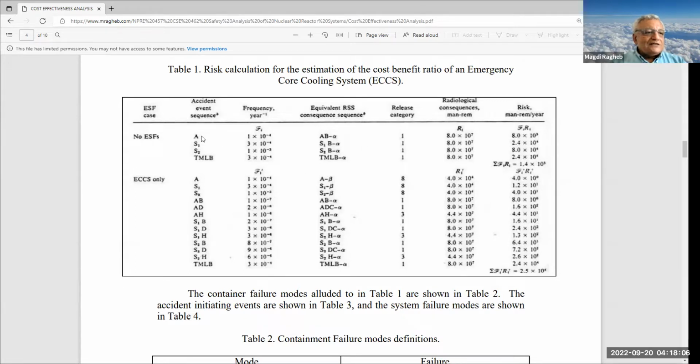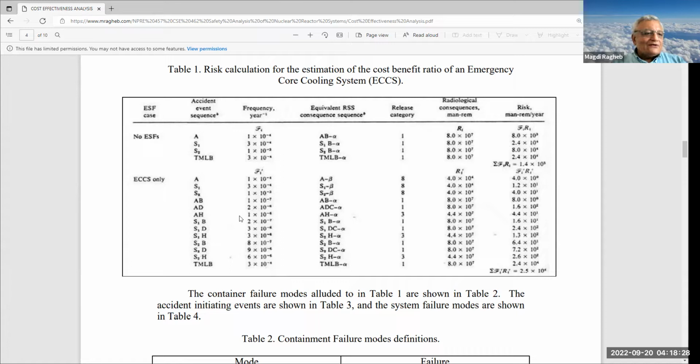And initially, the risk from those accidents from the radiological consequence, which is man-REM, the number of people affected multiplied by the dose of radiation that can cause them harm, you'll find that instead of the risk being 8 10 to the 7th, wow, it has been reduced to 1/2 the amount.